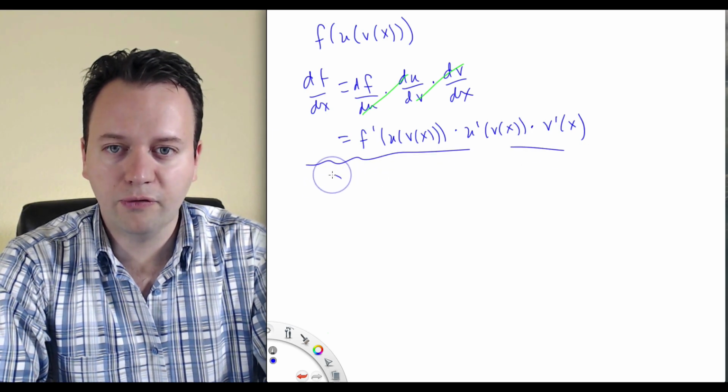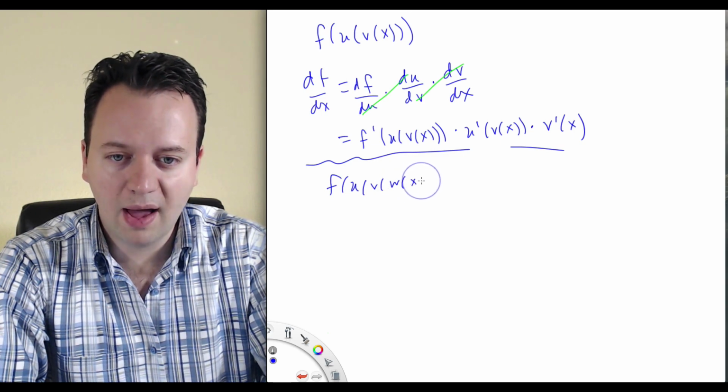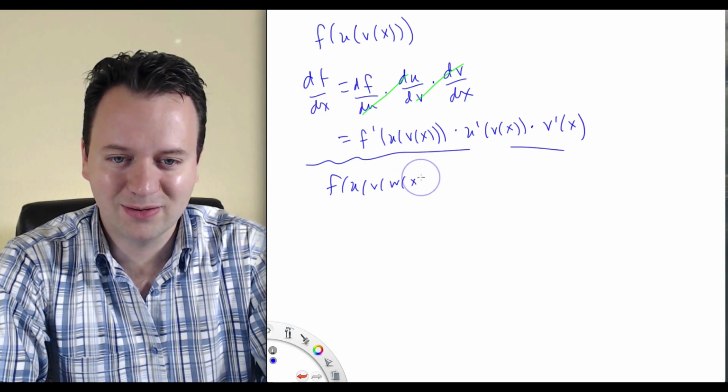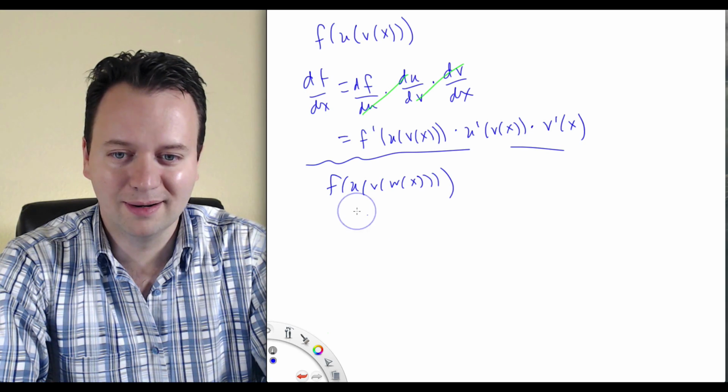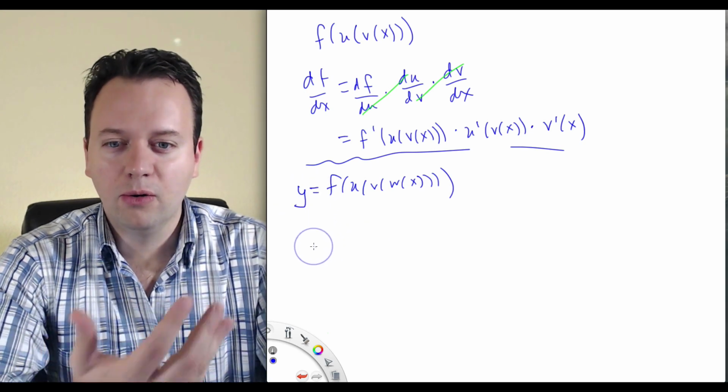We can even go further, f of u of v of w of x. Why would anyone want to do that? Why not?